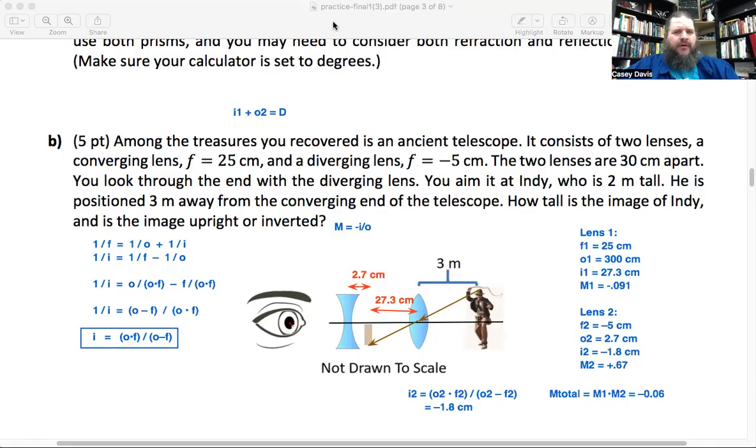And did you say you wanted to work on a couple of the problems on the other practice final as well? Yes. I think I said number 3 and number 6. Which one did you want to take a look at?